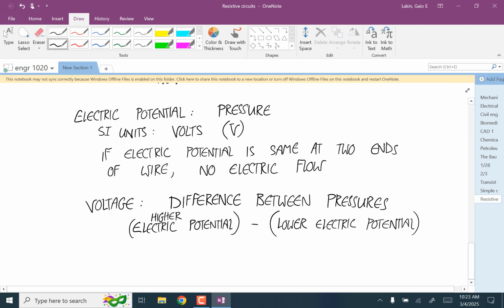Because this is just subtracting two electric potentials, this has the same units. So the SI units for voltage is volts, like you would imagine.